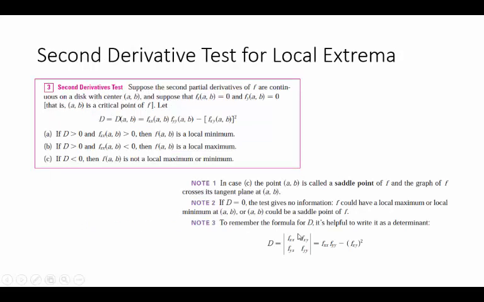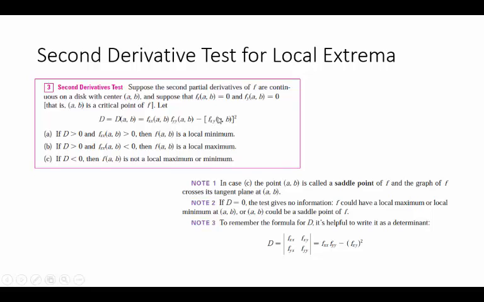Now back to the idea of the second derivative test. The second derivative test is a little bit more complicated. It's not just when the second derivative is bigger than 0 or less than 0. Here, since our second derivatives are a little bit more complicated, in fact there are 4 of them: fxx, fyy, fxy, and fyx.